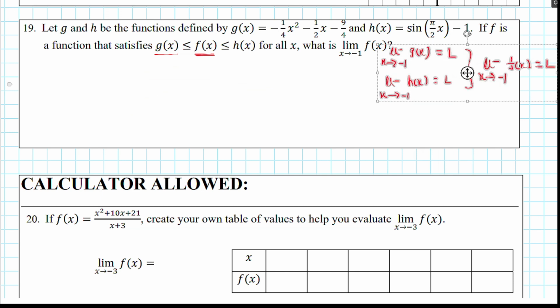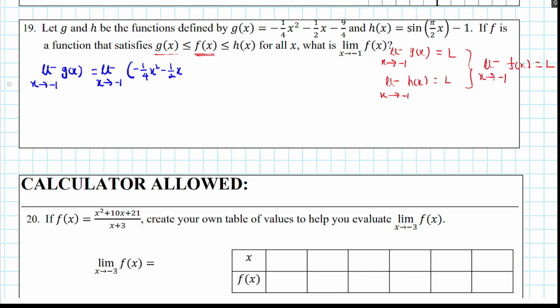So let's find the limit as x approaches negative 1 of g of x. So g of x is negative 1/4 x squared minus negative 1/2 x minus 9/4. As x approaches negative 1, you can directly substitute the limit. So negative 1 squared is positive 1, and negative 1/4 of that is still negative 1/4.